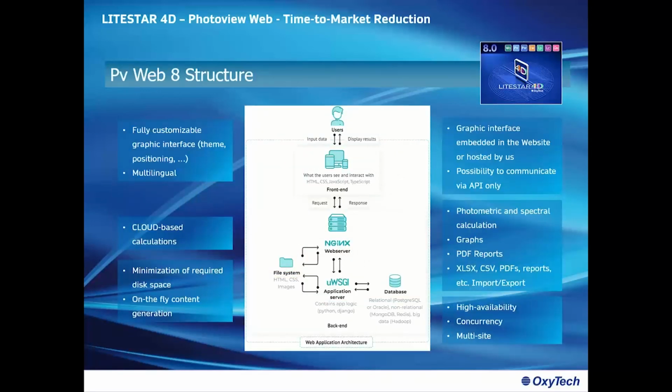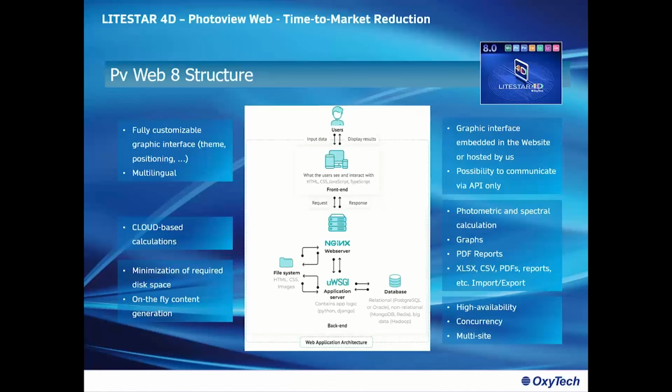So at the end, I wanted to summarize here the main features of Photoview Web. Photoview Web is fully customizable. We can customize for you the way we transfer the information.